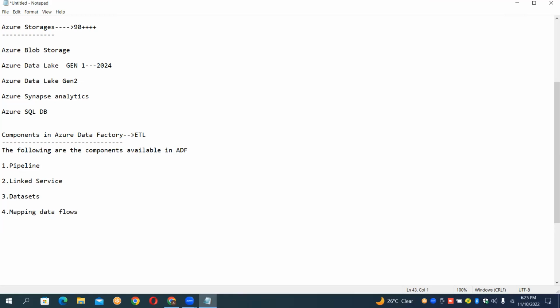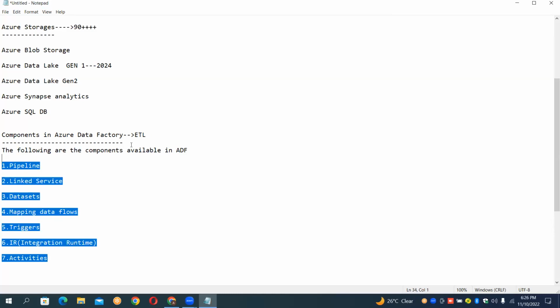The fifth component is triggers. The sixth component is IRs, which is called integration runtime. And the seventh component is activities. These are the 7 components we have.